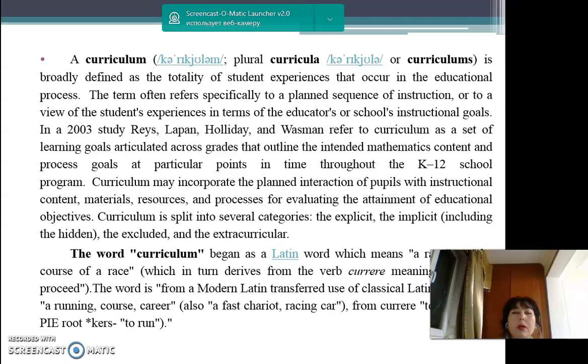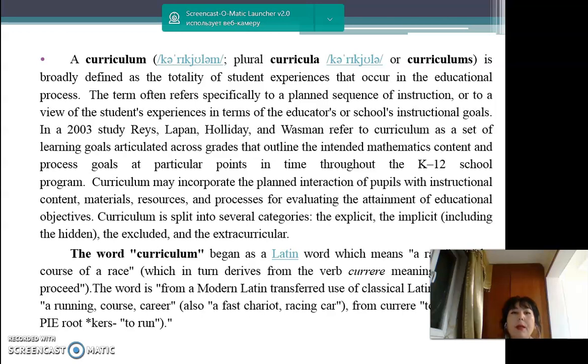In a 2003 study, Race, Japan, Holiday and Wasserman referred to a curriculum as a set of learning goals articulated across grades that outline the intended mathematics content and process goals at particular points in time throughout the K-12 school program.